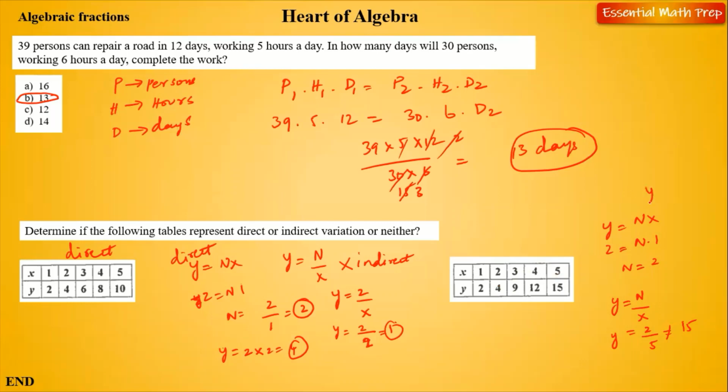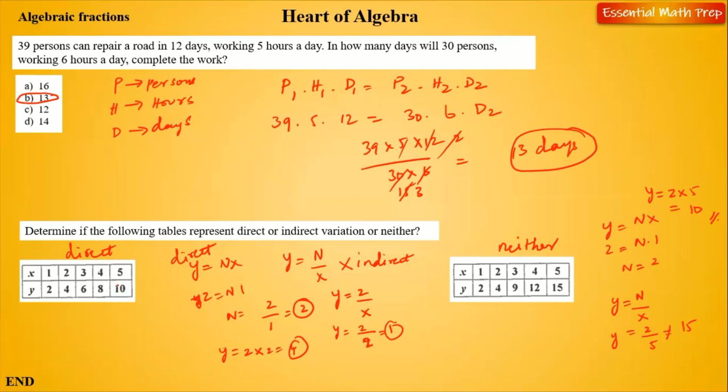What if you had substituted y equals 2 times 15, or 2 times 5? That would be 10, right? Either way, we're not getting a direct or indirect relationship, right? So it's neither. Remember, in this case, you could pick any x value.